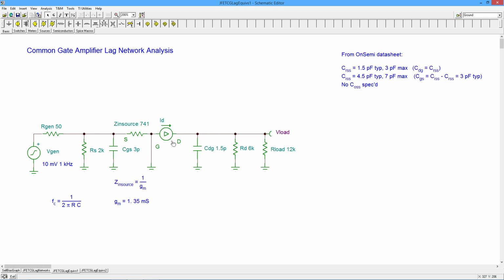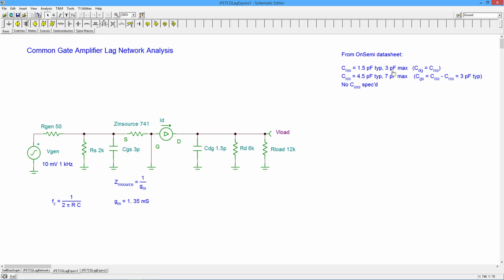All right, so we have the CGS and the CDG, which we can pull from a data sheet. All right, so they give us ranges, right? Remember, CRSS is the reverse capacitance that you would see in the measurement circuit. And they give us a typical value of 1.5 picofarads, 3 picofarads max.